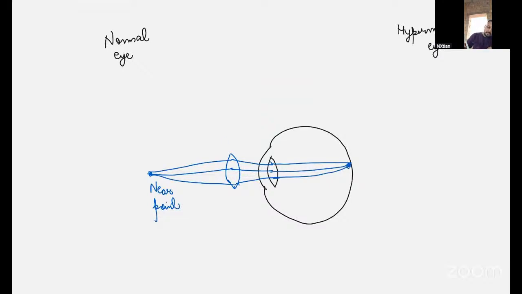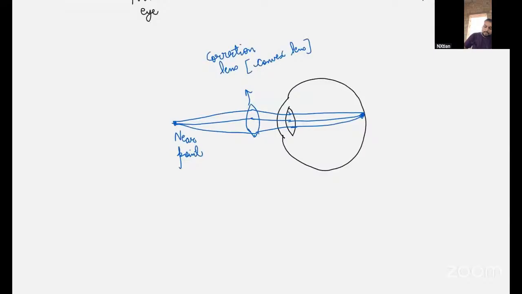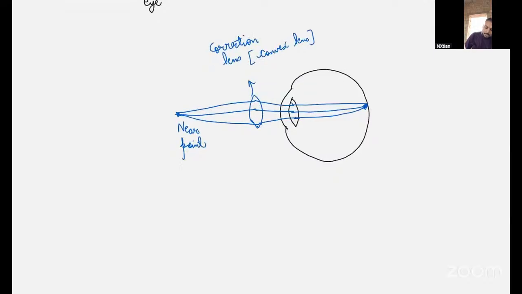This is the correction lens. They will wear spectacles made of convex lens.